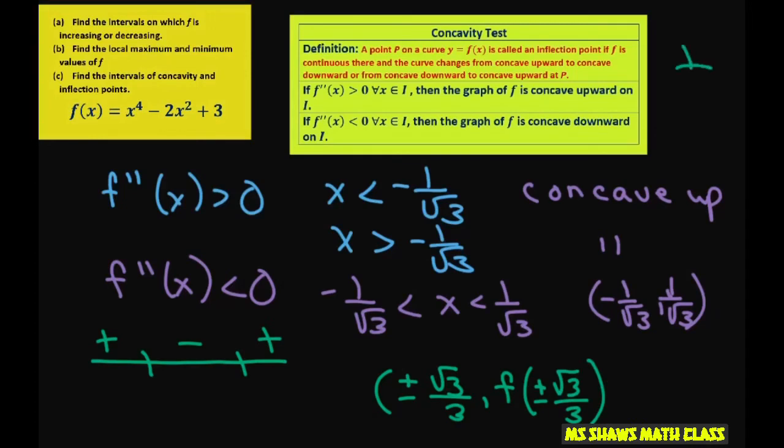Remember, 1 divided by square root of 3 is the same as square root of 3 divided by 3. And that reduces to plus or minus square root of 3 divided by 3 and 22 divided by 9.